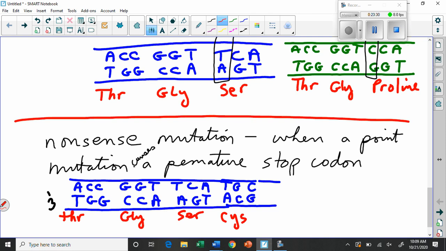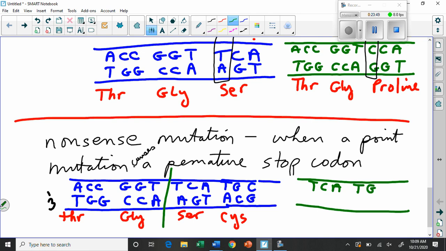So the normal thing here would be cysteine. That would be made there. But cysteine can easily be turned into a stop codon by a single mutation. So let me just use a shorter version, and I'll start at the serine. I'm going to start it right here rather than draw all that again. TCA, and this is where we get TG, but this time it'll be mutated to TGA. And then AGT, ACT, right?